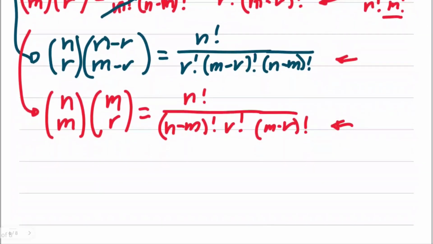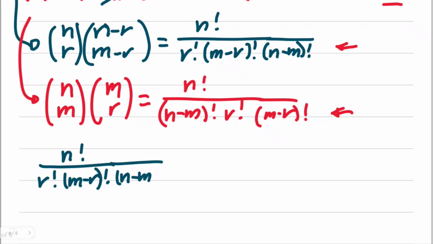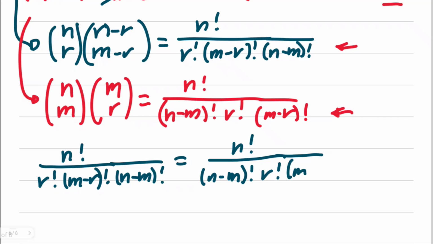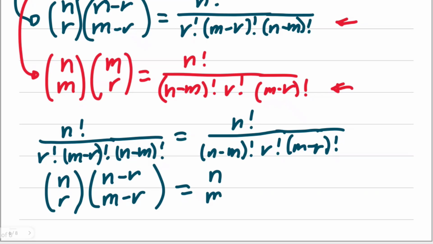So this further clarifies that, let me use now a general color, n factorial over r factorial, m minus r factorial, n minus m factorial is just equal to n factorial over n minus m factorial, r factorial, m minus r factorial, which for both of them is n combination r times n minus r combination m minus r equal to n combination m times m combination r.